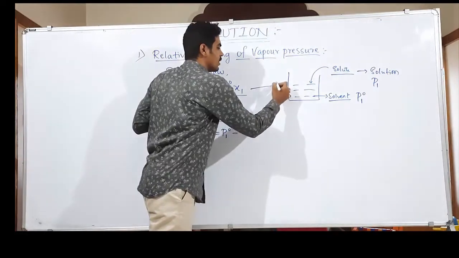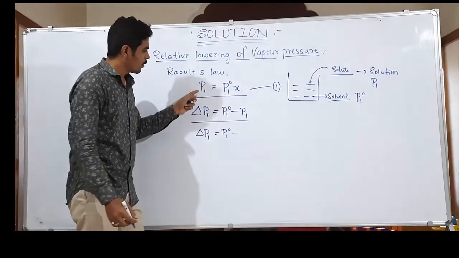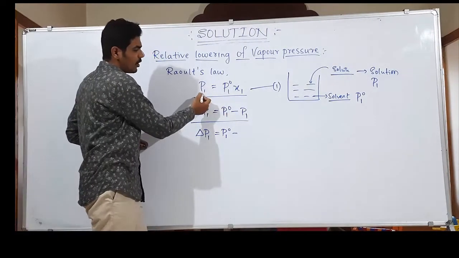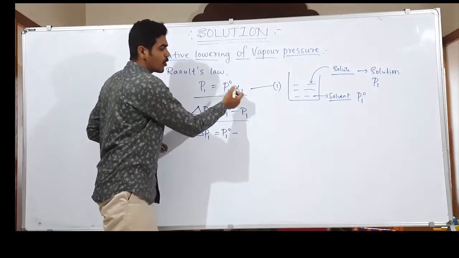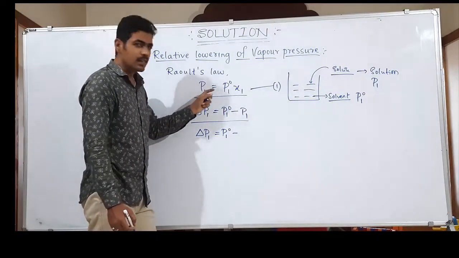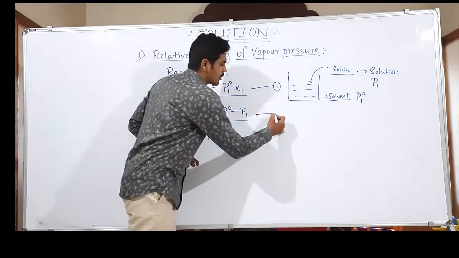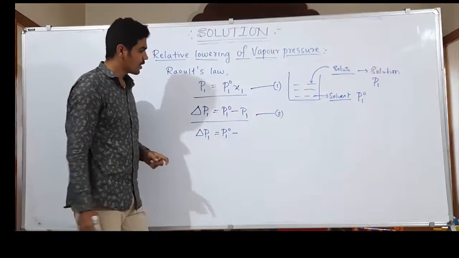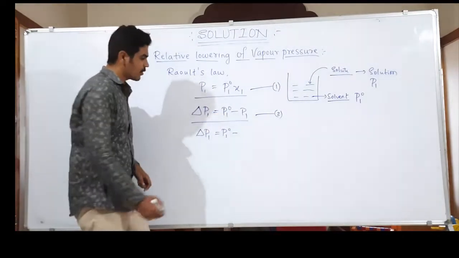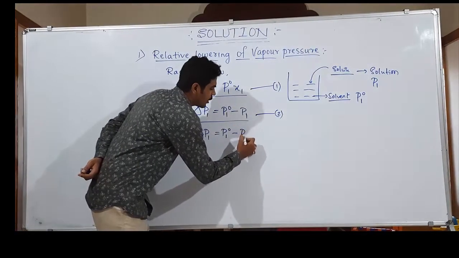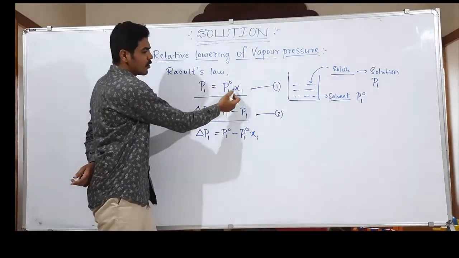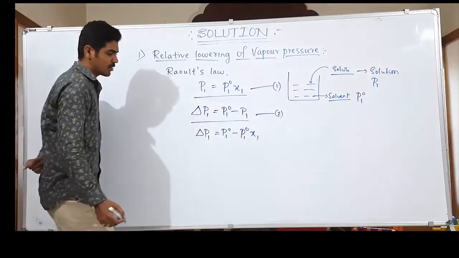If I consider this as equation 1, from equation 1 we get P1 is equal to P1 naught into X1. So substitute the value of P1 in this second equation, equation 2. P1 naught into X1, because P1 is equal to P1 naught into X1.